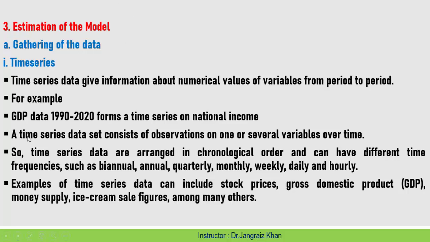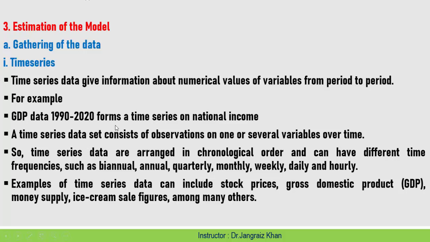For example, if we take the GDP data for Pakistan from 1990 to 2020, then it is a time series. It is annual data, the GDP in 1990, in 1991, 1992, 1993, 1994, till 2020.